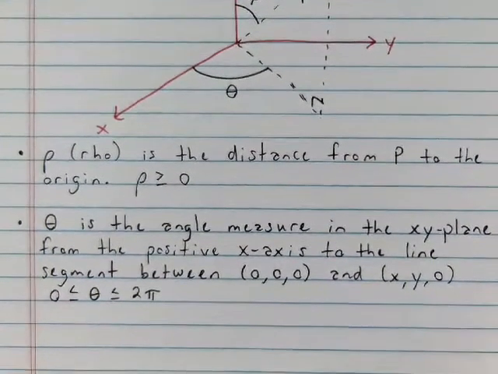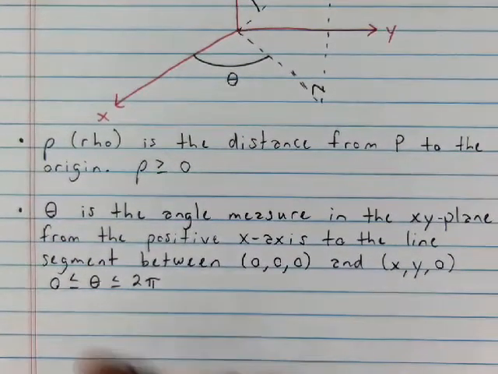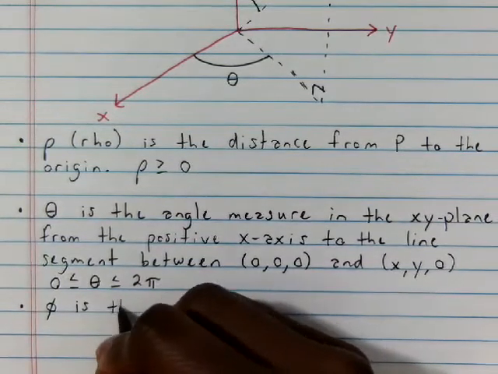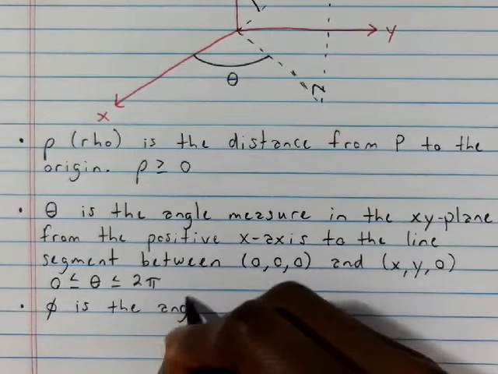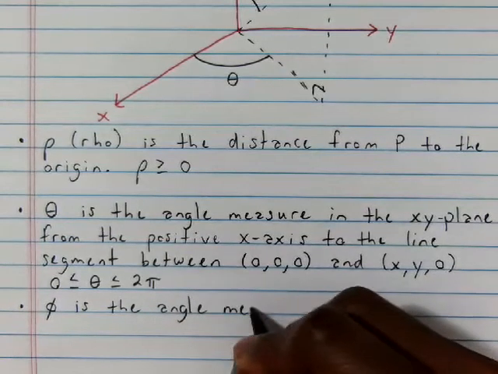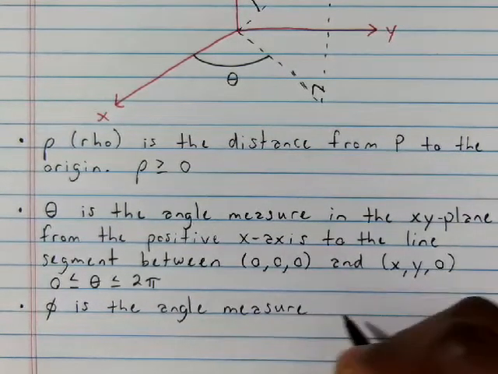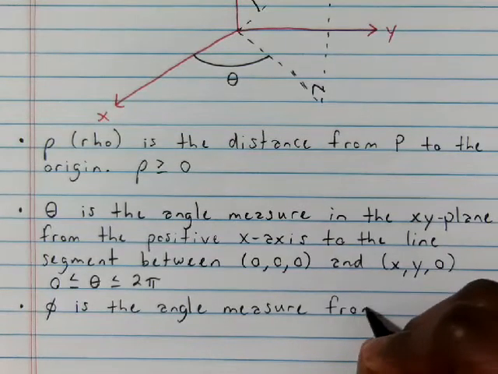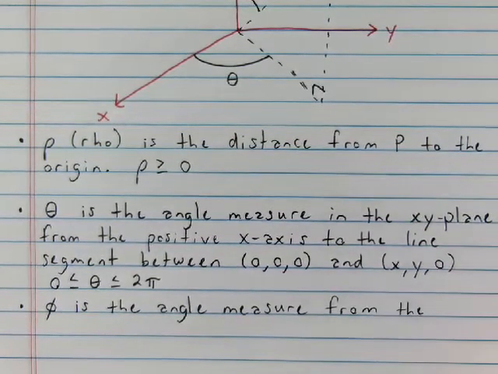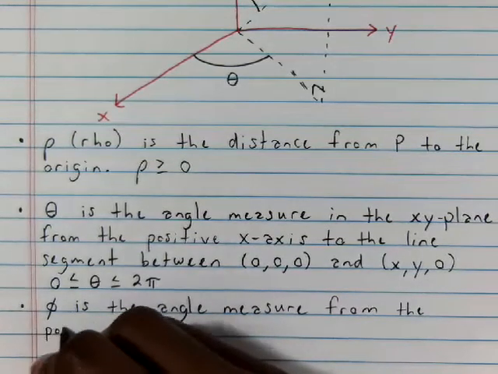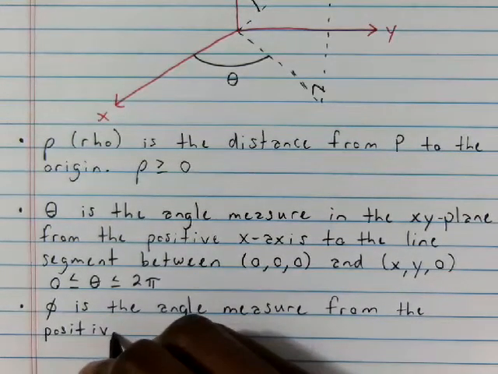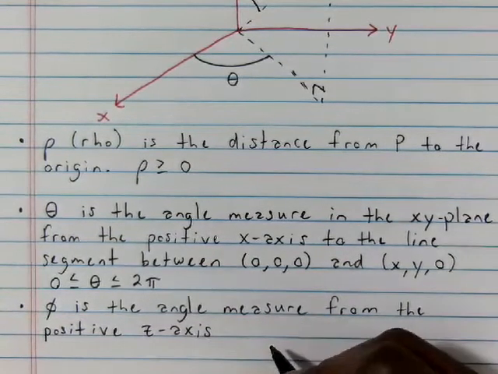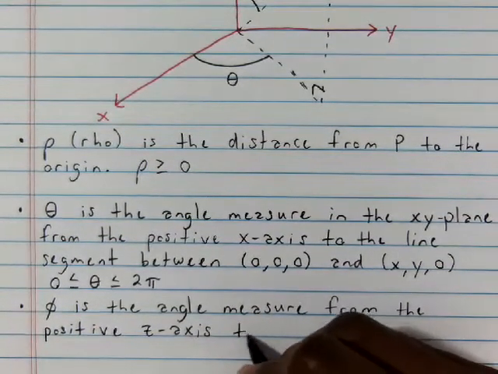Next, phi. Phi is the angle measure from the positive z-axis to the line segment.